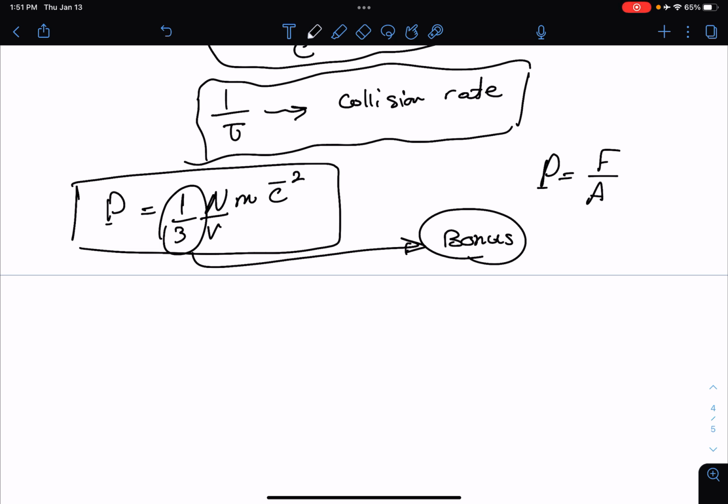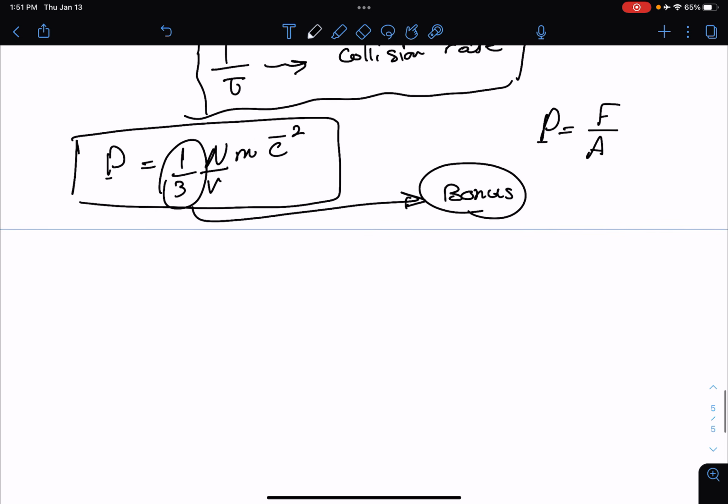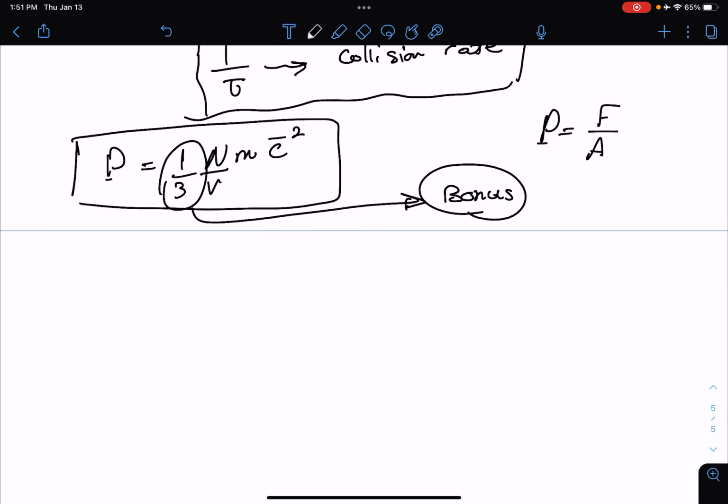Why is it not a vector? Pressure at one point acts in all directions. Exactly. So pressure is always normal to your plate, or due to whatever that plate is. And also, if you want to explain it mathematically, force is a vector, but also area is a vector. Area is not a scalar. So pressure is scalar.